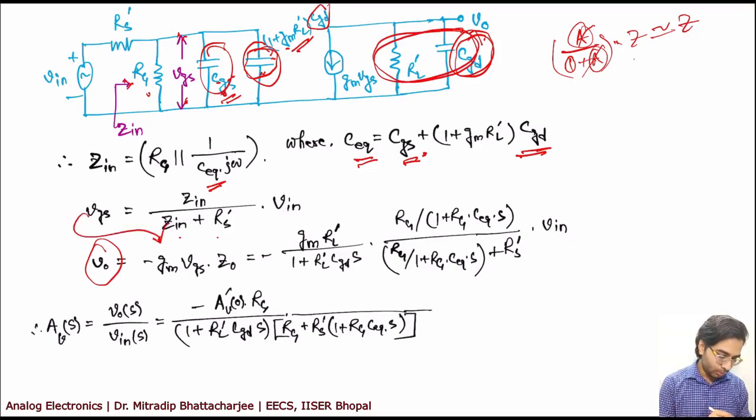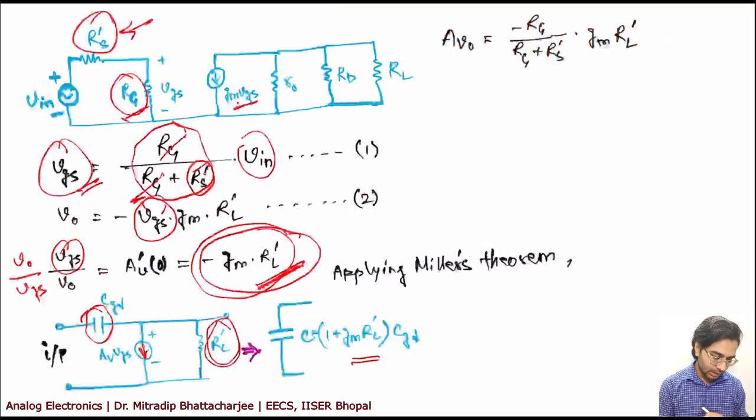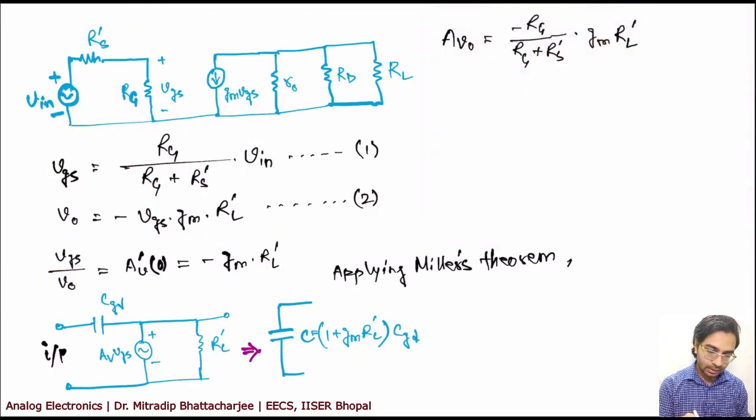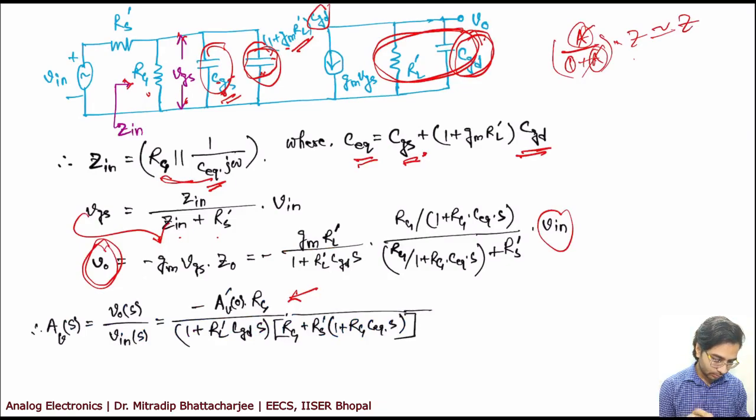Now you solve: put the VGS value over here, replace Zin, put all the values, and you will find that your V0 by Vin will be something like this, where AV dash 0 is minus GM RL. This is your AV dash 0. Once I put the AV dash 0 over here, we get an expression like this.